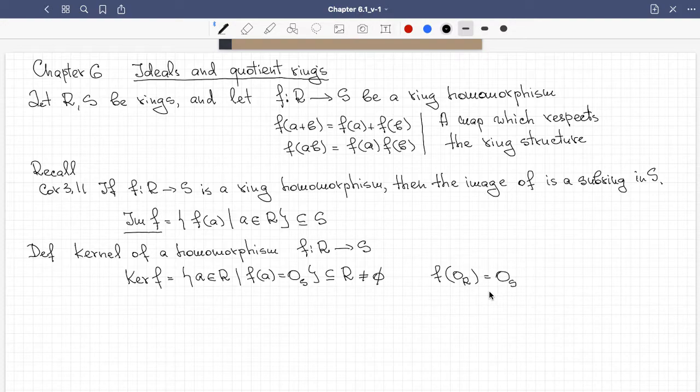Now, first of all, let me defend my statement that the kernel, which I denoted ker f, again a notation which the book does not use, but I will occasionally use it, is also interesting.